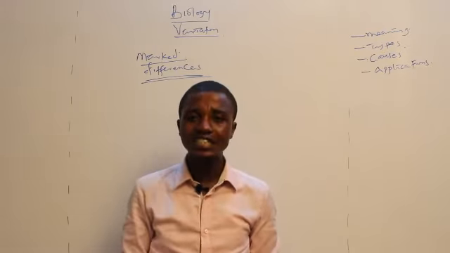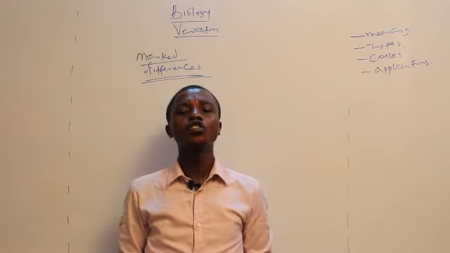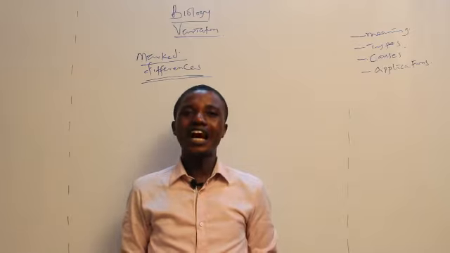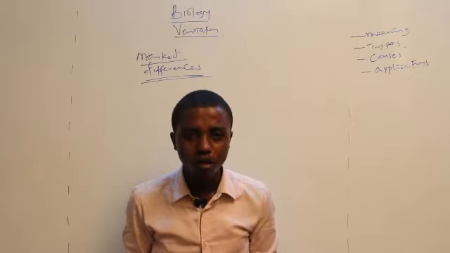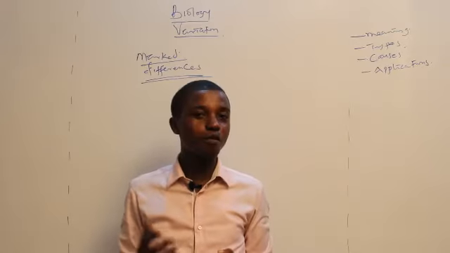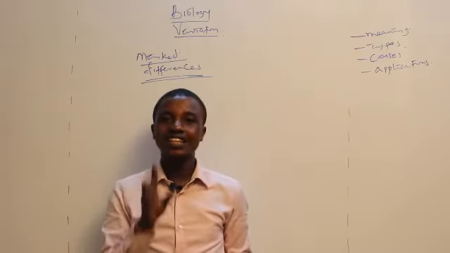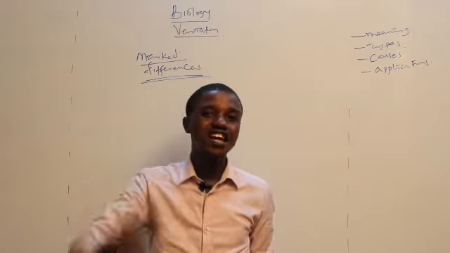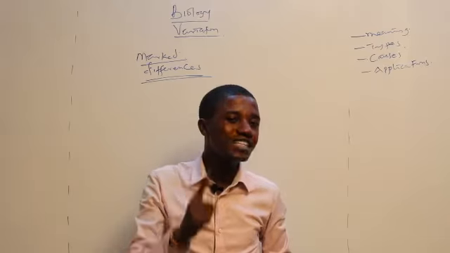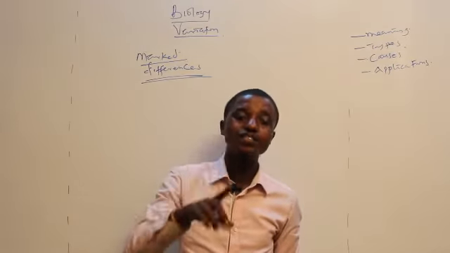Now, what is population? Population in a biological context refers to the total number of a group of organisms residing in a particular area at a particular time. No, that cannot be the definition of population. Note, this is not economics. This is biology. And so, therefore, population can be defined as the total number of organisms of the same species living in a particular area and at a particular time.